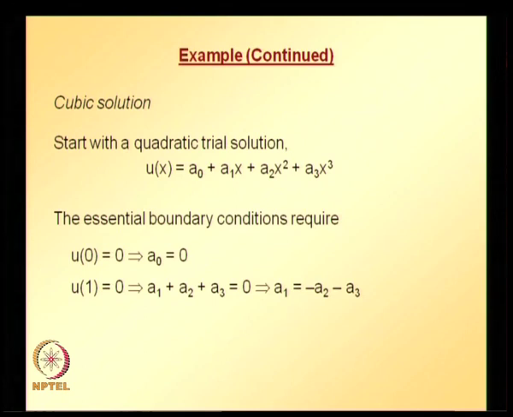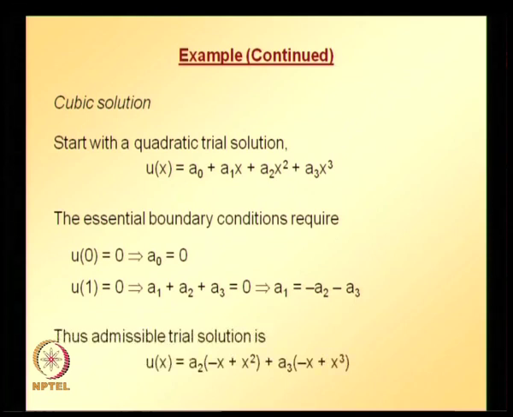That leads to a0 equal to 0, a1 equal to minus a2 minus a3. So the admissible trial solution becomes a2 times (minus x plus x square) plus a3 times (minus x plus x cube).